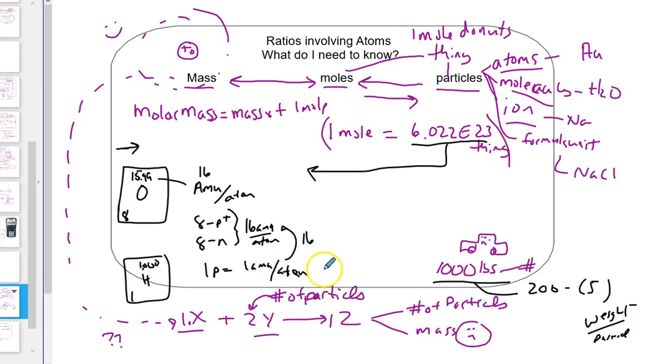Alright. So this number is chosen very uniquely so that the AMUs per atom, often called the molecular weight, equals the grams per mole. And that's what we want.